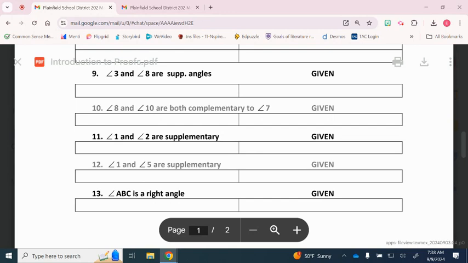Yeah, like that. And vertical angles do have a twist that we will discuss. I think we already discussed it a little bit, but.